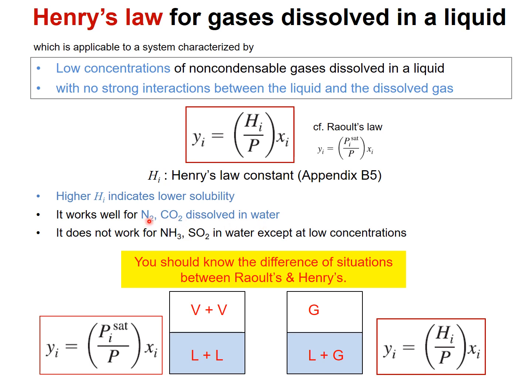Nitrogen and CO2 are non-condensable gases and have no strong interaction with water. So Henry's law can be applicable to these gases in water. Also, the solubility is very small.